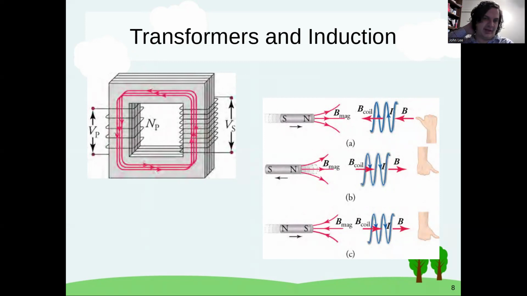But one of the things that we can do is that there is a quality of magnetic fields called induction, where if you have a magnetic field that goes through a coil or a loop, and the magnetic field is changing, then that's going to cause a current in the coil or the loop that's going to cause a change in magnetic field in the opposite direction.